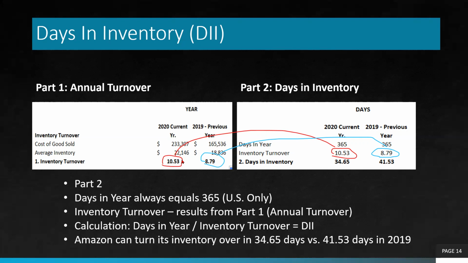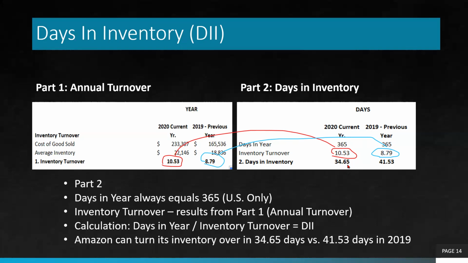I grabbed the results from part 1 of my annual turnover and put that into the days calculation. I grabbed my results from 2019 and put those here, and then I do my division.